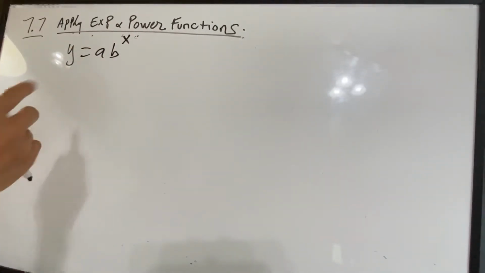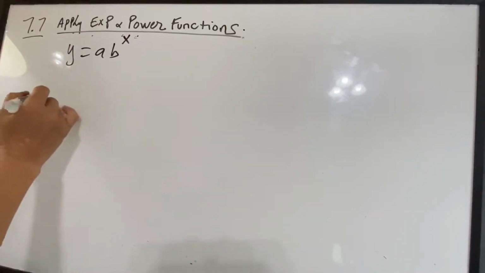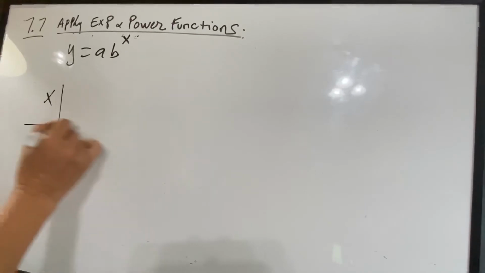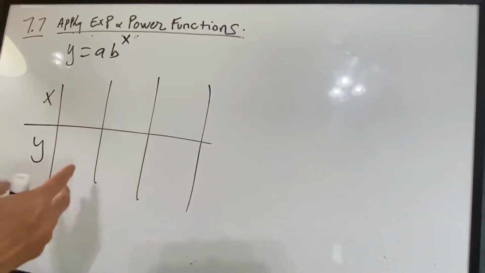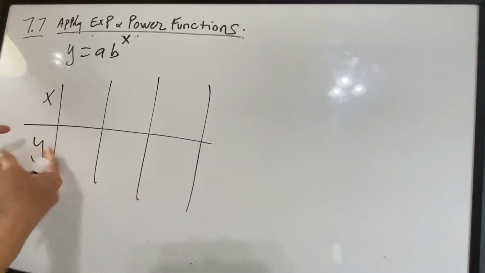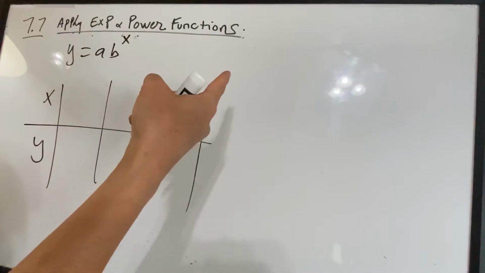Suppose you have a set of values for x and y, you plug it in, you got certain values right there. And by looking at this set, you know that it is not a linear function.